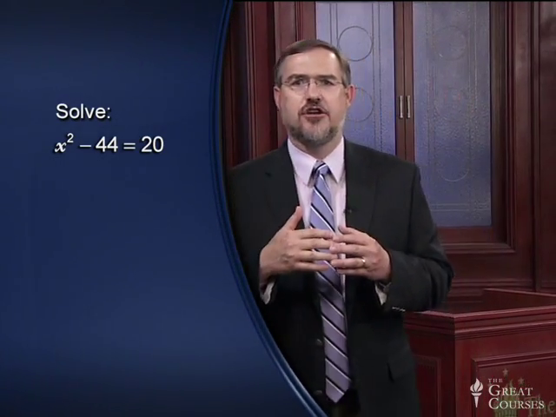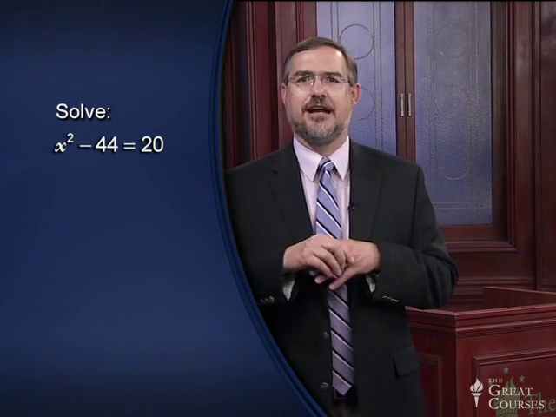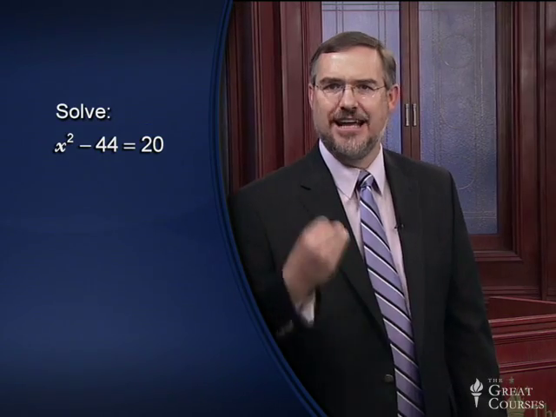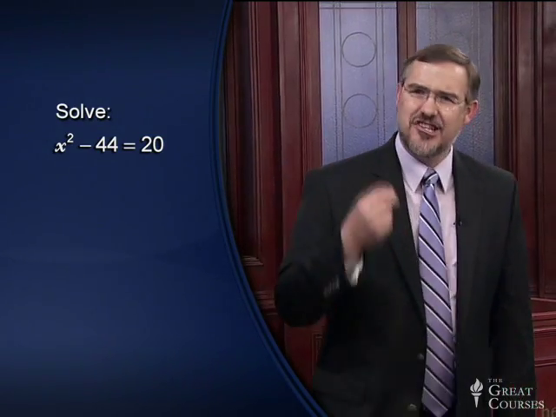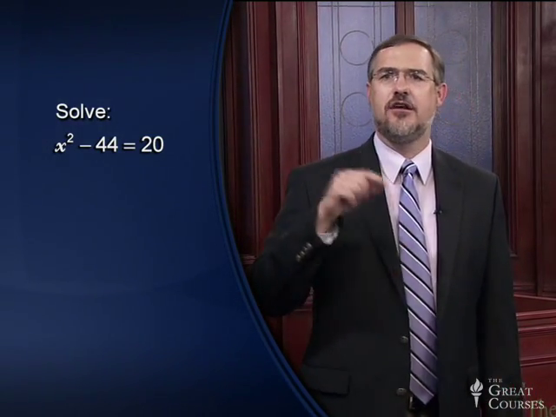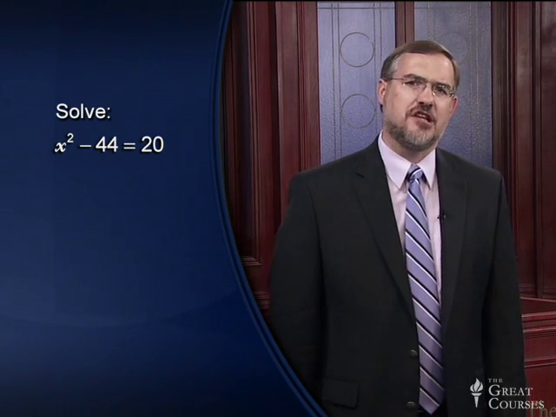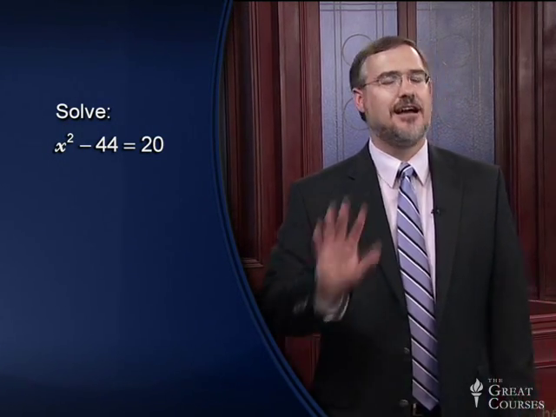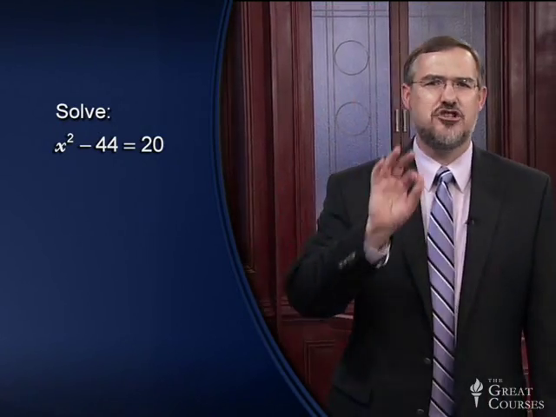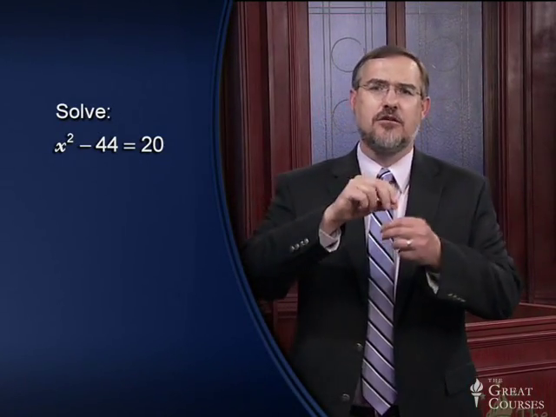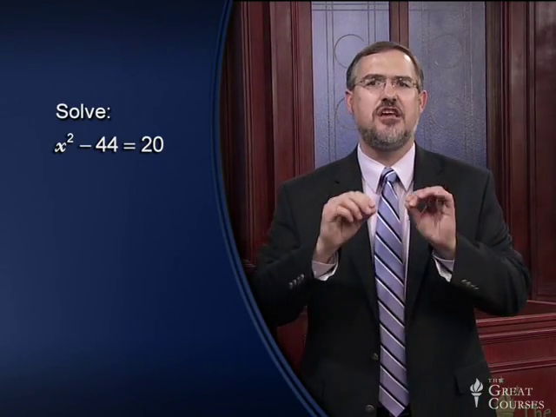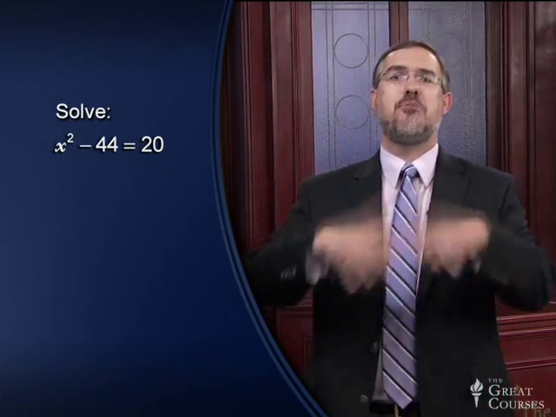Well, the first thing I'm going to notice, although it's a bit more complicated looking, is that there's still no x to the first term in this equation. That's a hint that I'm going to try square roots. Now you might be saying to me, yeah, but 44 is not a perfect square, and neither is 20. That's true. But let's do a little manipulating to the equation. Let's add and subtract some things and see if perfect squares pop up.